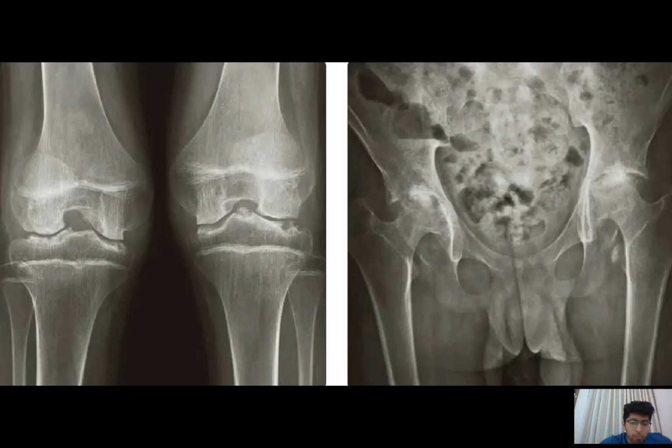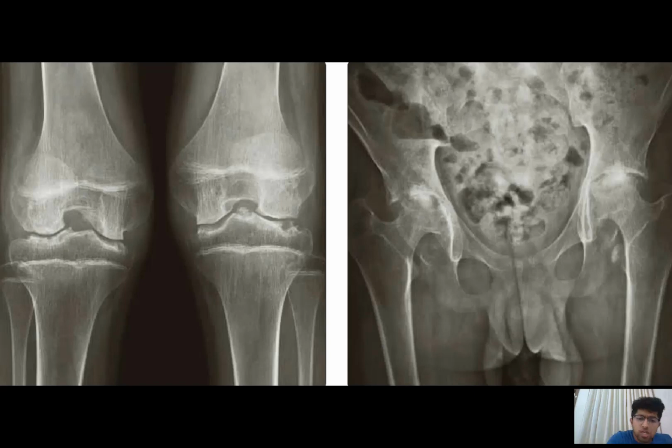The other most important finding that we see is the intercondylar notch becoming deeper. So the deep intercondylar notch is another important feature that we see in juvenile rheumatoid arthritis. This is because of the pannus which is causing the erosion. The intercondylar notch of the knee joint or the trochlear notch of the elbow joint will become very deep because of the pannus formation.